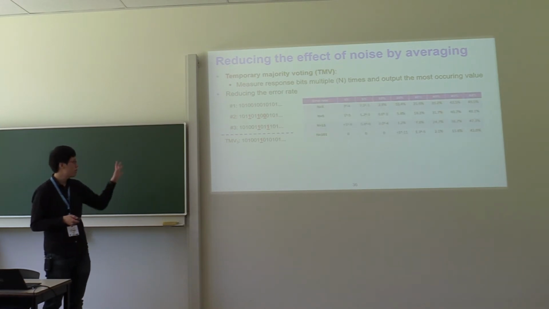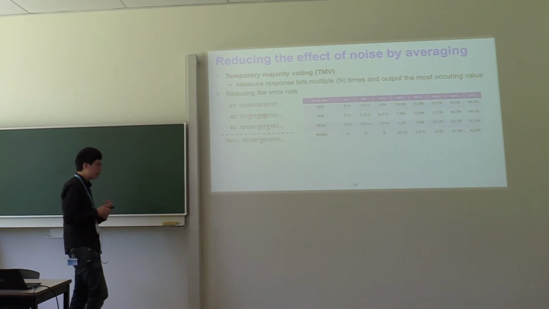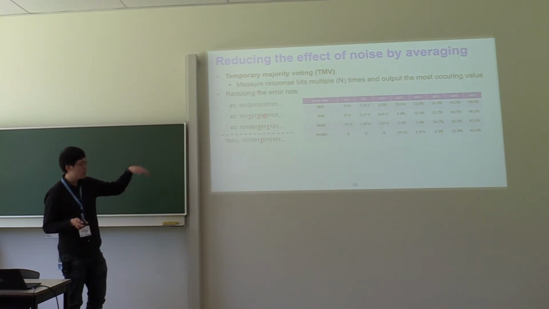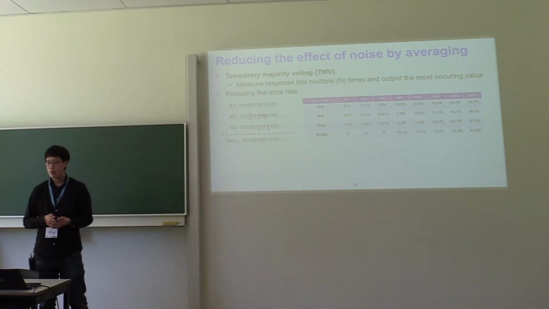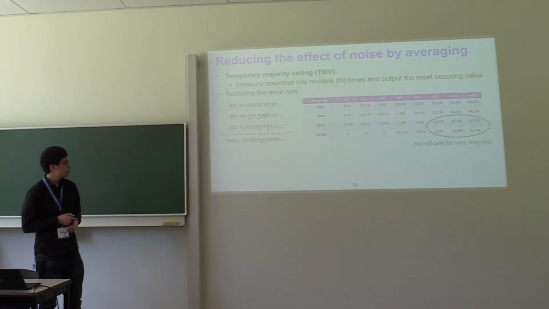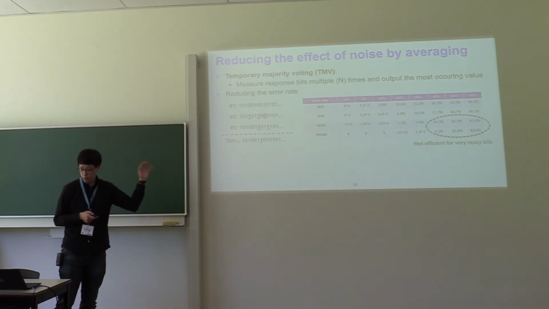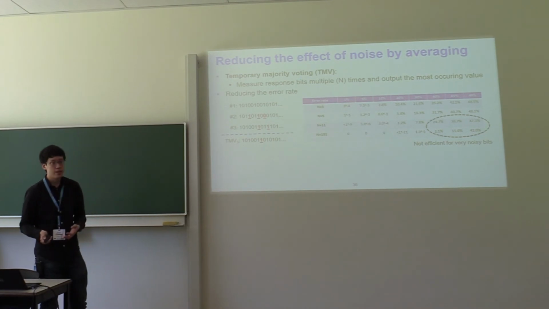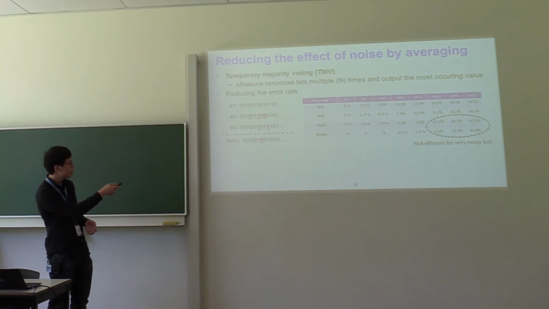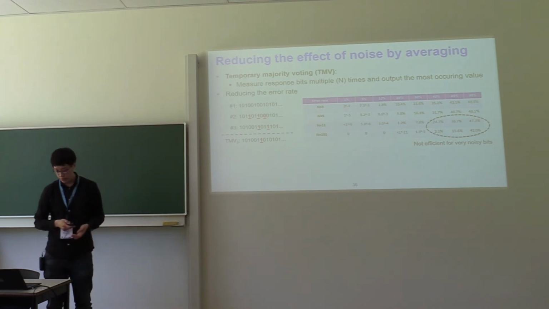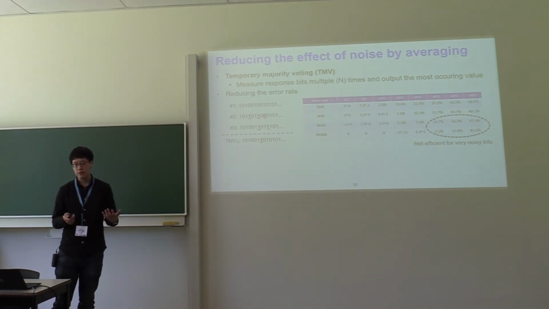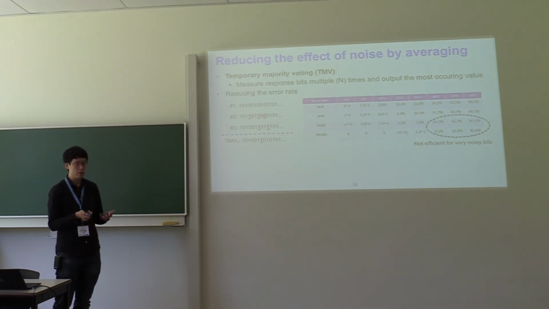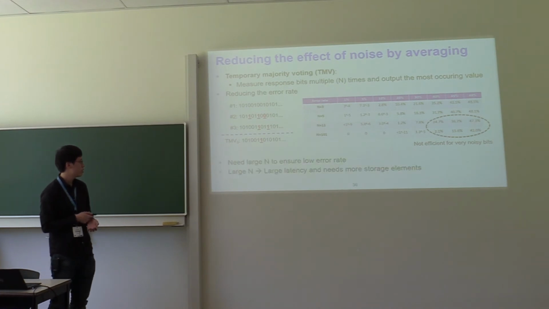And here is an example of how many responses you need to measure to reach a certain error rate in the end. But you can see here, if you have a PUF bit which is highly unstable, for example more than 40% error rate in the beginning, then you need more than 100 measurements. Even with more than 100 measurements, you cannot reduce the error rate to a sufficiently low value, so it's not so efficient.